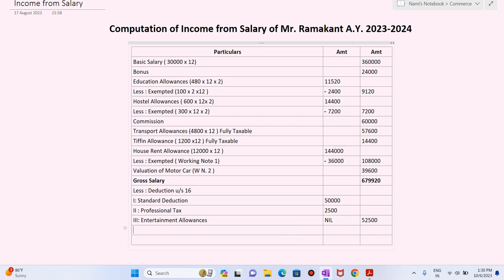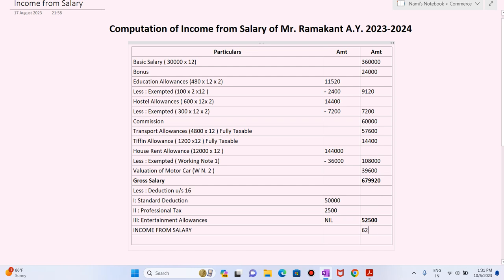Now last is income from salary. Now to find income from salary, from gross salary less this deductions under section 16. So 6,79,920 minus 52,500.